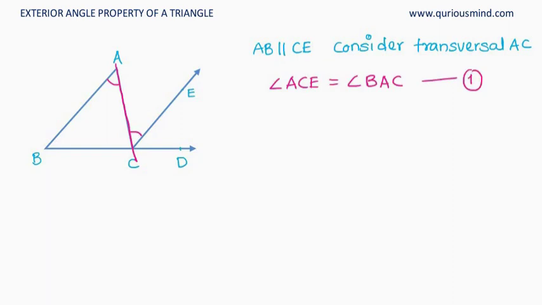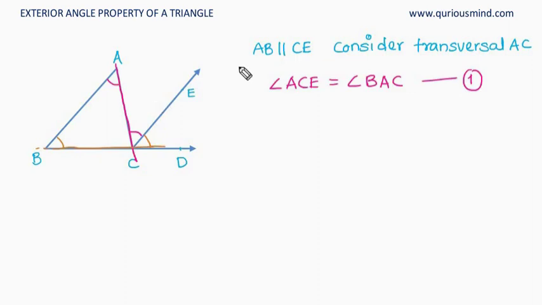Now let's talk about another transversal. So AB is parallel to CE, in that case even BC is a transversal. And if BC is a transversal, we see that this angle and this angle are corresponding angles.